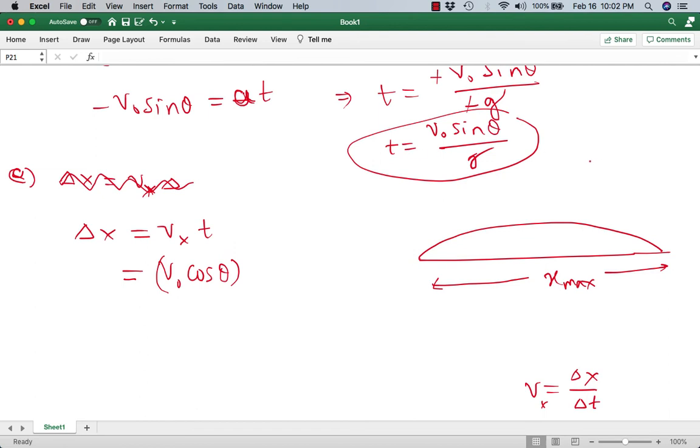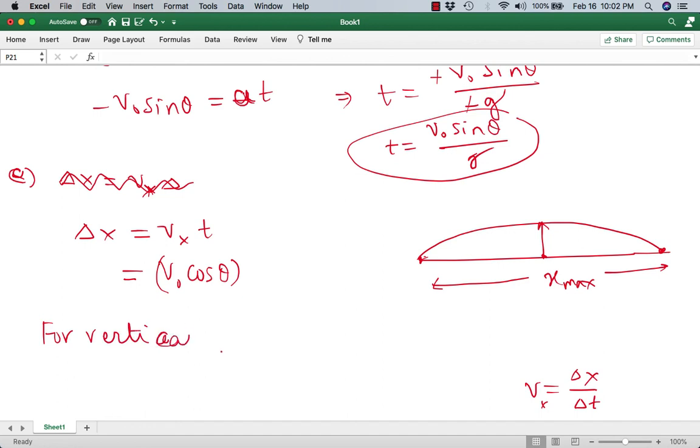So we have t for maximum height. So maximum height time is from here to there. But we don't know how much time it takes to get from this initial point to the final point. So first we need to find time. For time we need to use vertical motion.